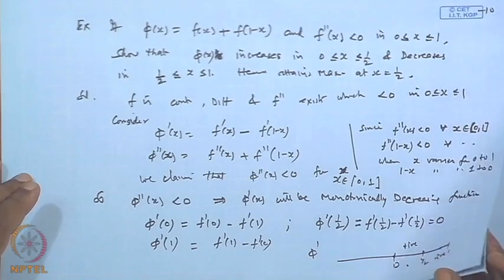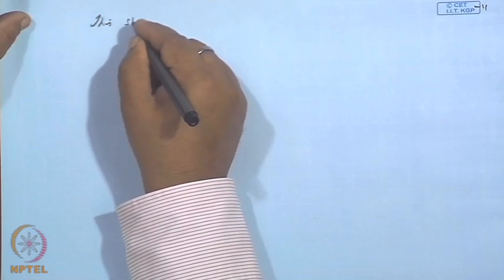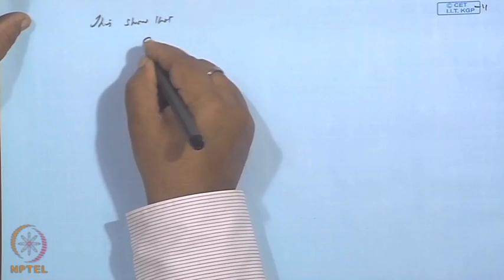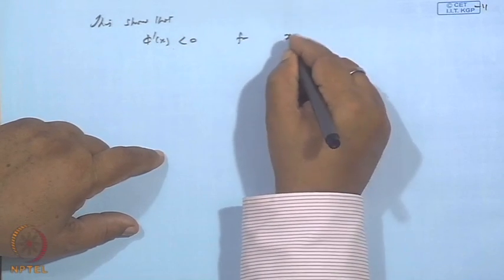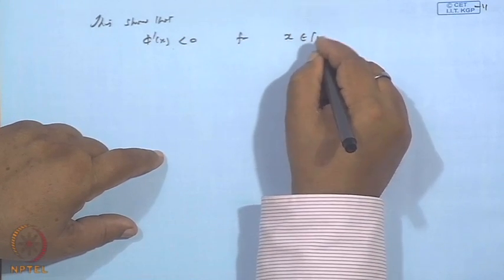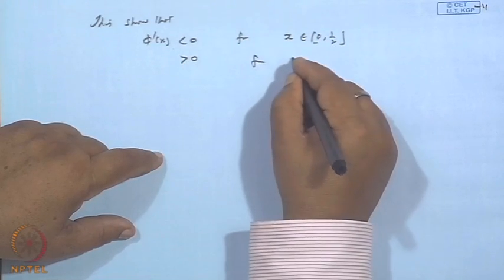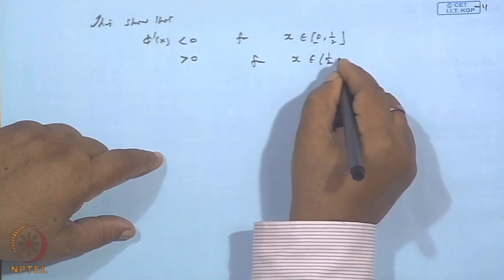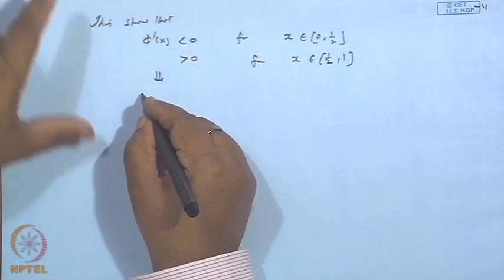So, this shows that the function phi dash x is positive for x belonging to the interval 0 to half and negative for all x belonging to half and 1. It means this implies the function phi.